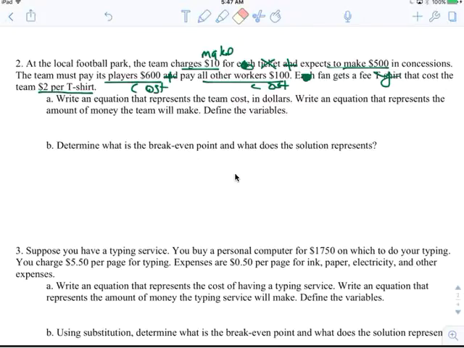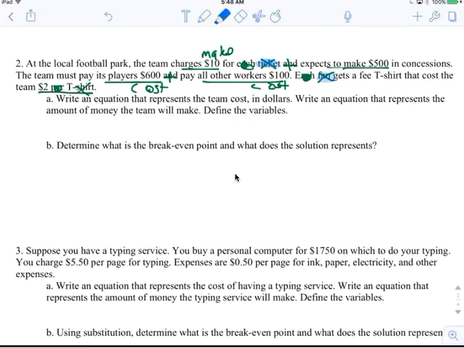Oh, each ticket, each t-shirt and fan are X per t-shirt, per fan, per ticket. So we're using X here. X is the same because each ticket belongs to each fan and each t-shirt belongs to each ticket, because each ticket person, the people that come to give you a ticket, is a person.